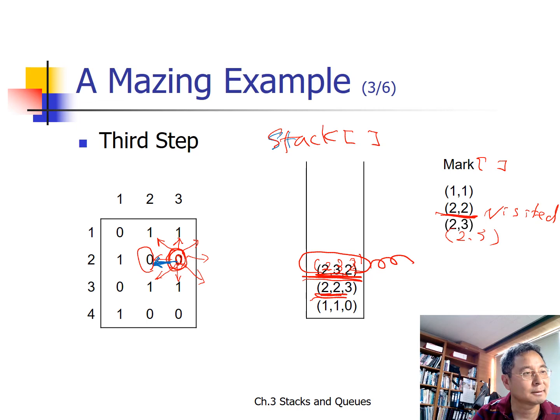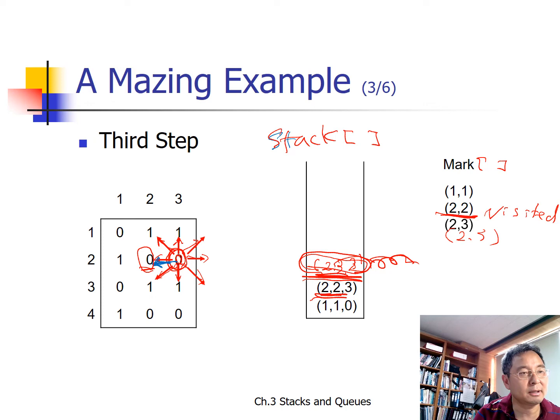Okay, so the next one is searching the possible direction, but no, that means it is an endpoint. So we will pop this 2, 3, so it is deleted.